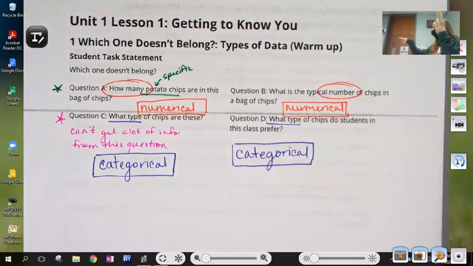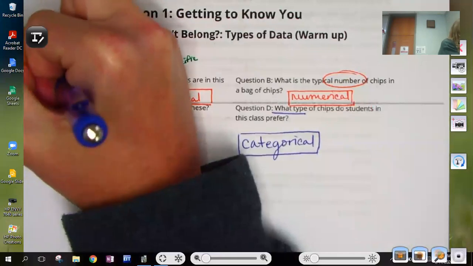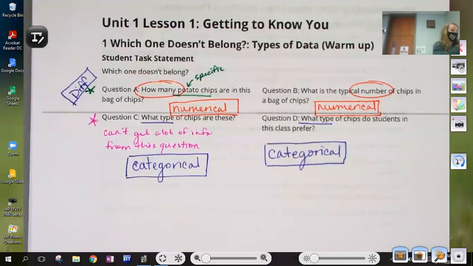If I went around and asked every single person in this room, would y'all all give me the same answer? No. So this is going to be a question, like Jordan said, that gives us a bunch of different answers.